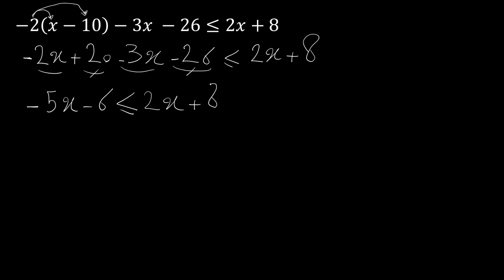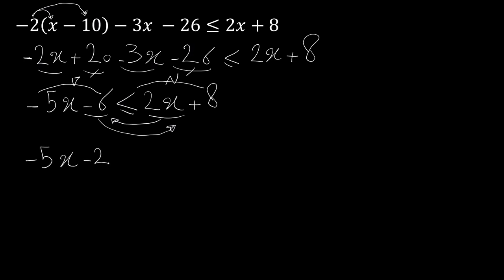Now this side for variable and this side for number. So this one is extra here and this one is extra here. I'm going to move it to this side and this one to the other side by changing the sign. So -5x minus x is less than or equal to 6 plus 8.